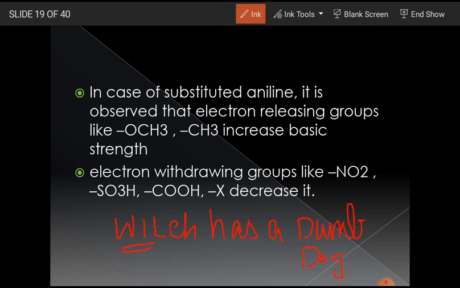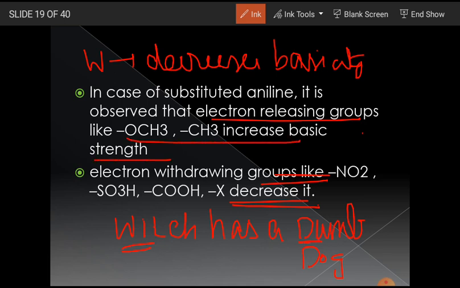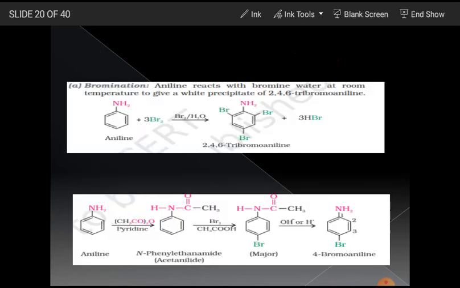So we can say withdrawing groups decrease basicity, just the opposite, right? So if we have electron withdrawing groups, they are going to decrease the basicity, and donating or releasing groups are going to increase the basic strength. So this is important. Let us now talk about the next one, that is the electrophilic substitution reaction.